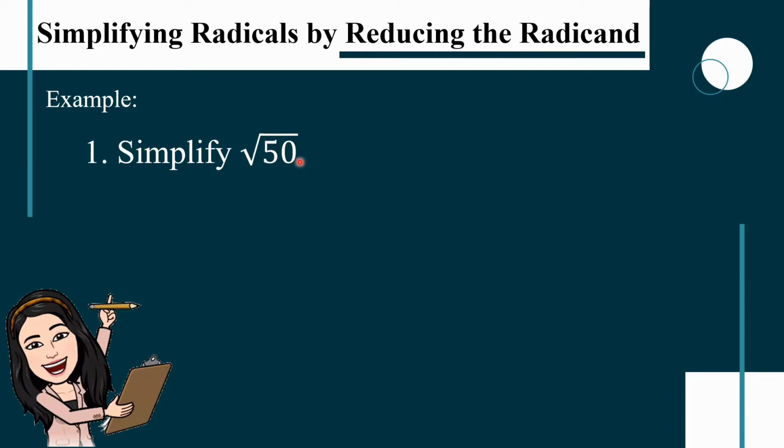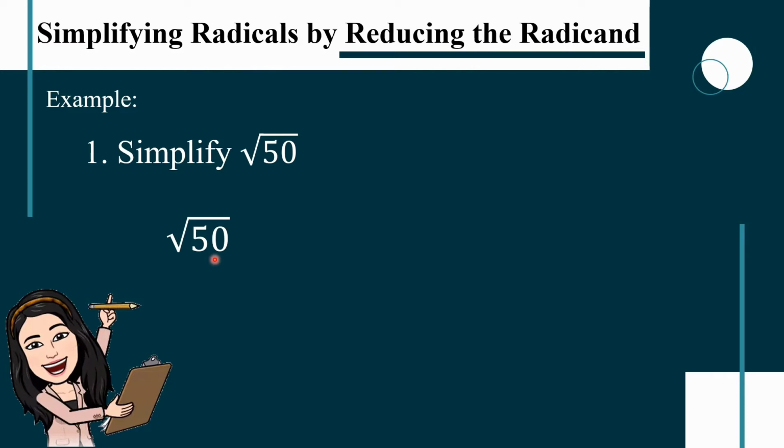Let us see if we can still reduce the radicand, or may makukuha ba tayong factors na perfect square out of 50. So, we have square root of 50. So, mag-isip tayo, meron bang factors ang 50 in which ang isa doon ay perfect square? Okay, so maraming factors ang 50.